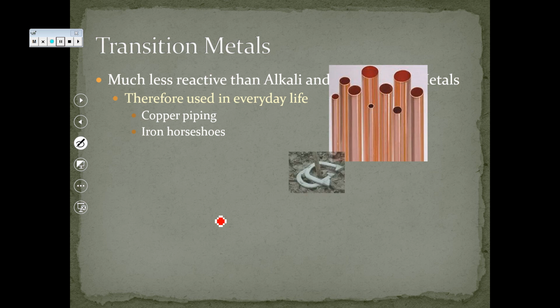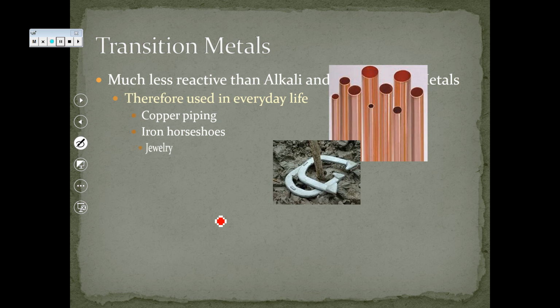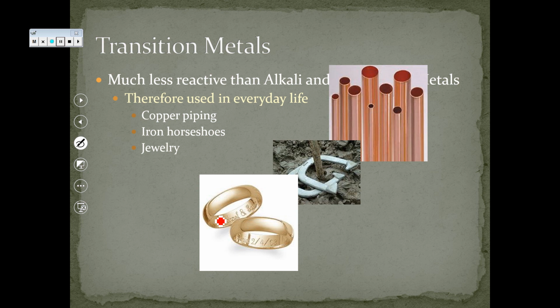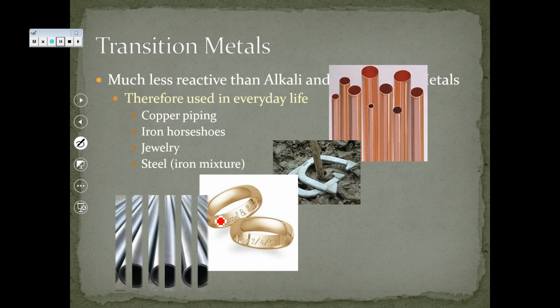Iron is used in horseshoes. Jewelry: gold, silver, platinum, titanium. Steel is an iron mixture. Iron is mixed with other things like nickel and cadmium.